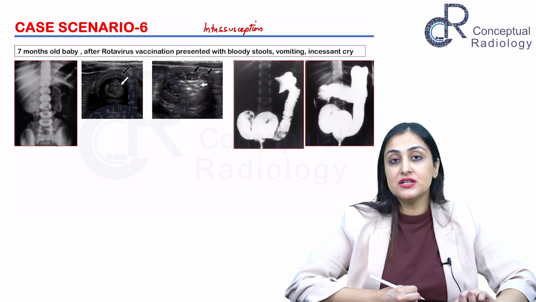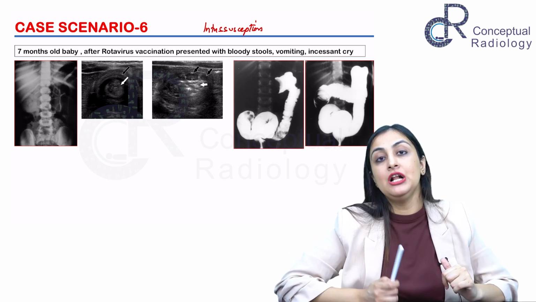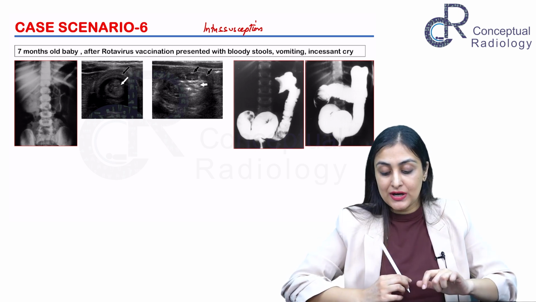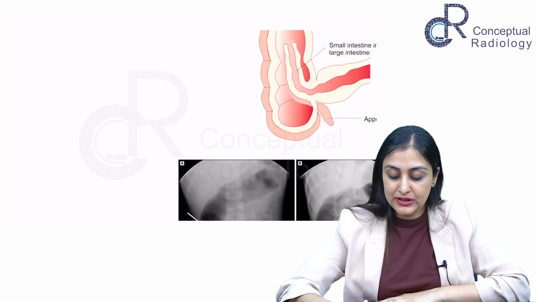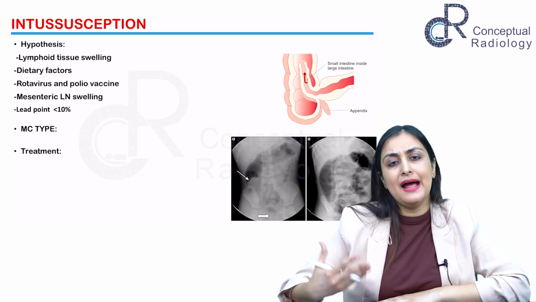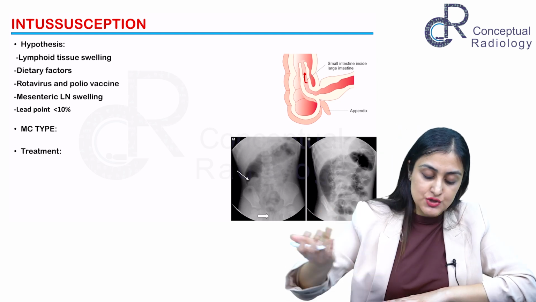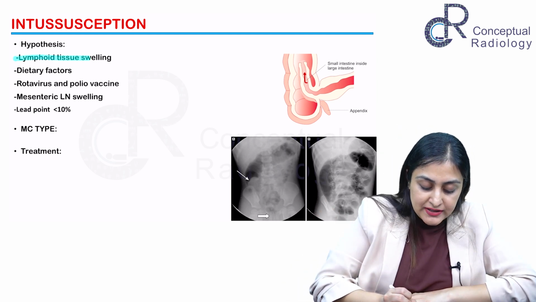So what is intussusception? It is the telescoping of one part of the bowel into the other, right? This is a schematic showing it. One part of the bowel goes inside the other, and there are various hypotheses related to the cause. One could be lymphoid tissue swelling.